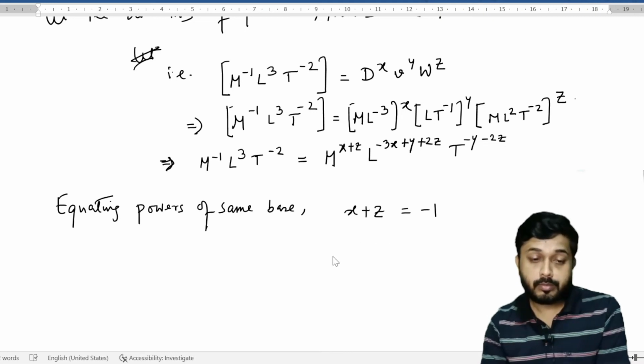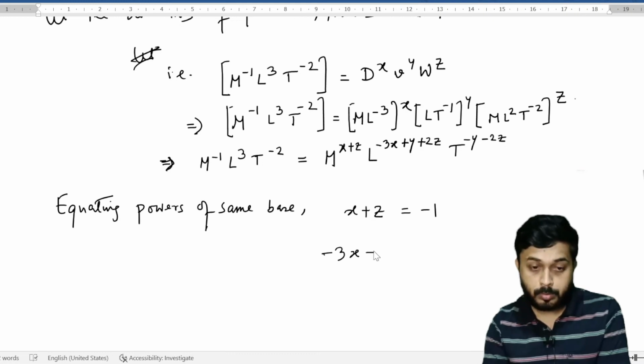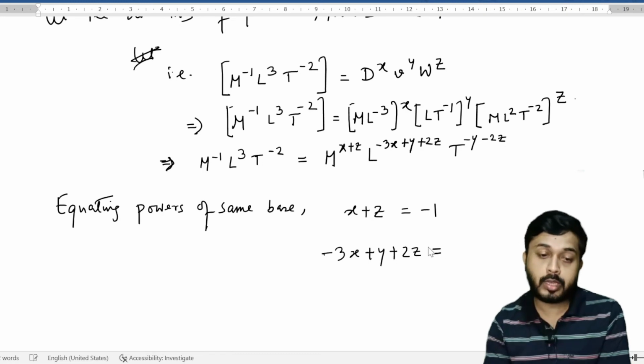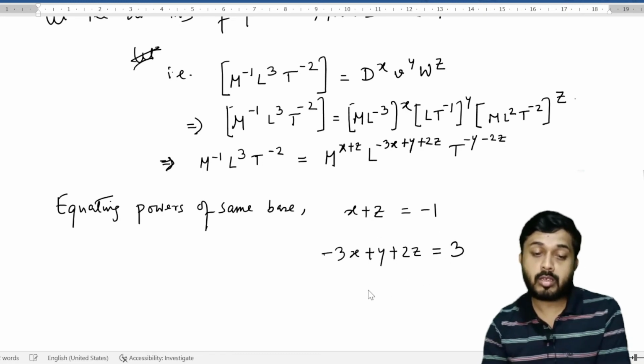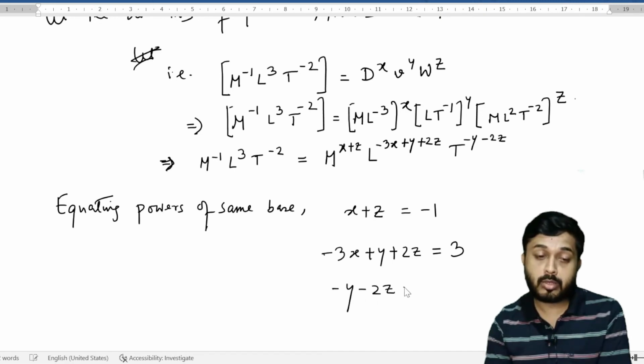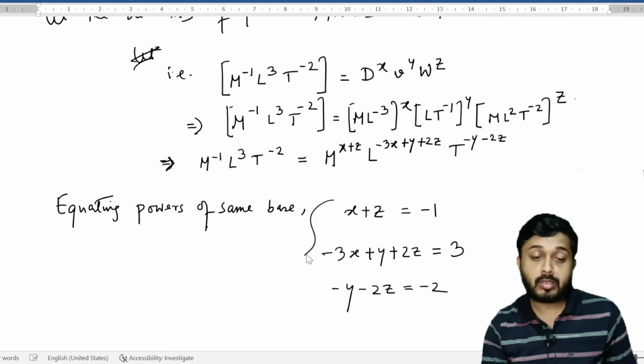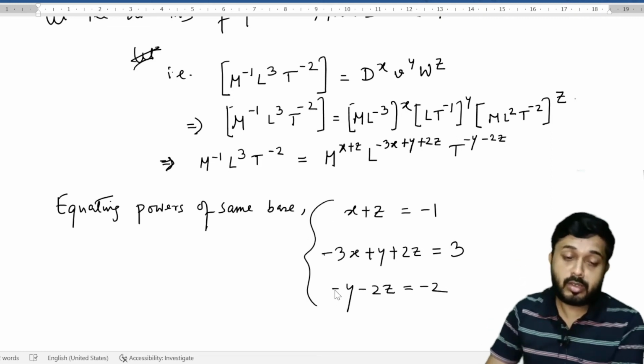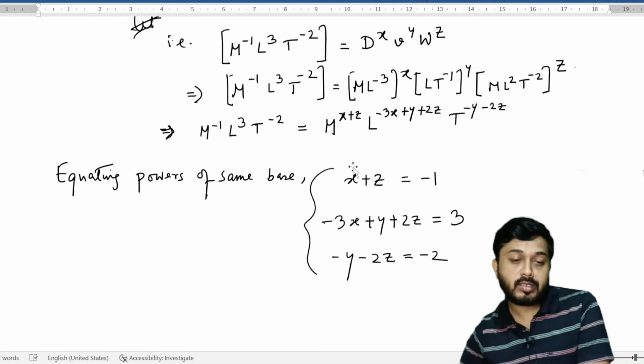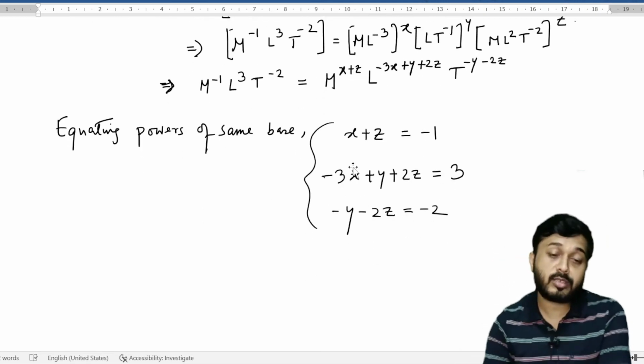Then minus 3x plus y plus 2z equal to 3, then minus y minus 2z equal to minus 2. All right, so solving these three equations, we have to find out the values for x, y and z, which are going to be the answers for this question, right?